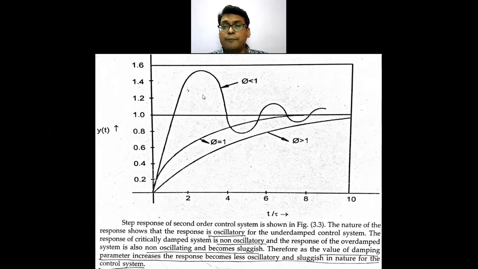As the damping parameter increases, for phi less than 1, phi equals 1, and phi greater than 1, the response goes from oscillatory to non-oscillatory and sluggish. So this is the response of the second order system for a step change.